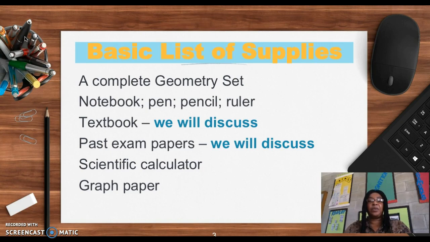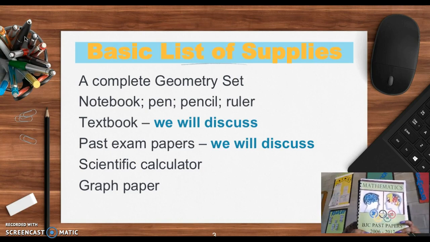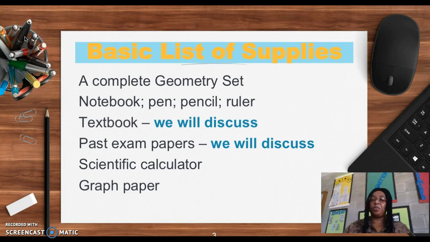Past exam papers. This is applicable to those students who will be sitting the BJC or the BGCSE. And again, we will discuss what it looks like, a sample of. This represents a sample of BJC past examination papers.